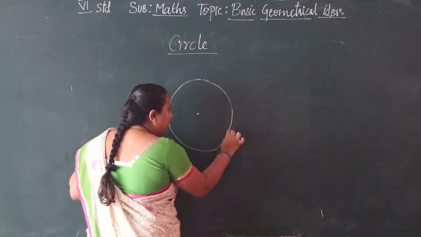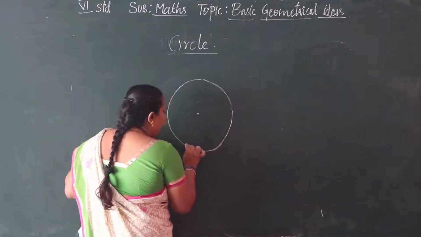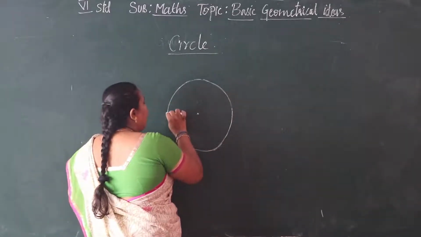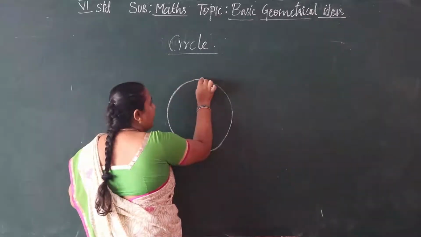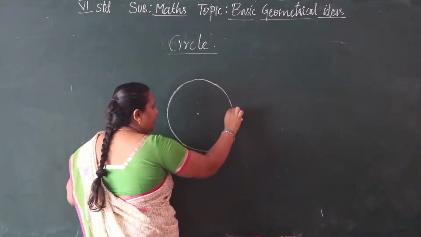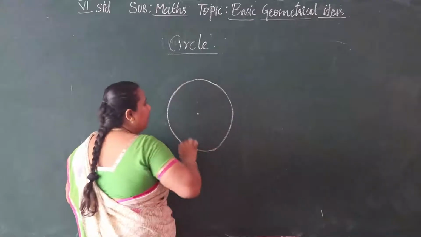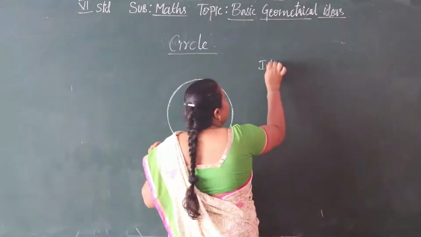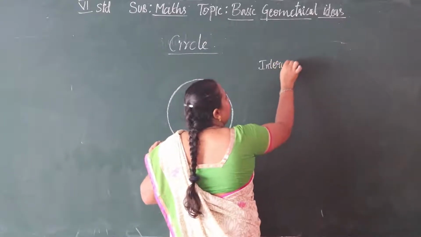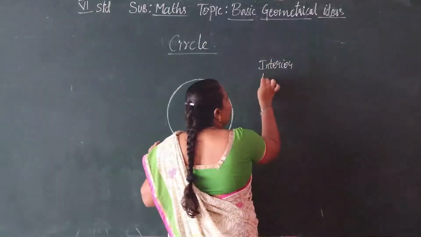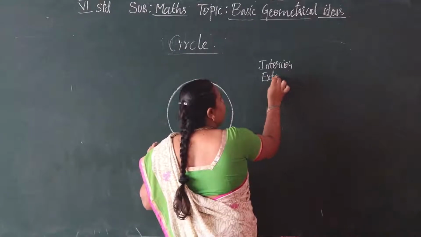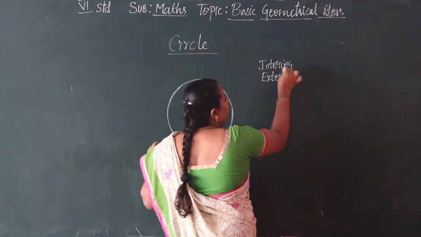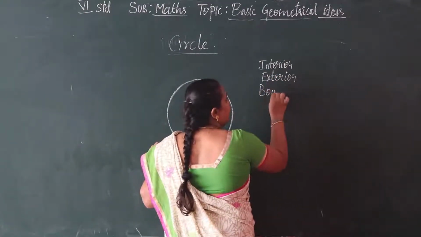Here also we have the interior of the circle, exterior of the circle and boundary of the circle.